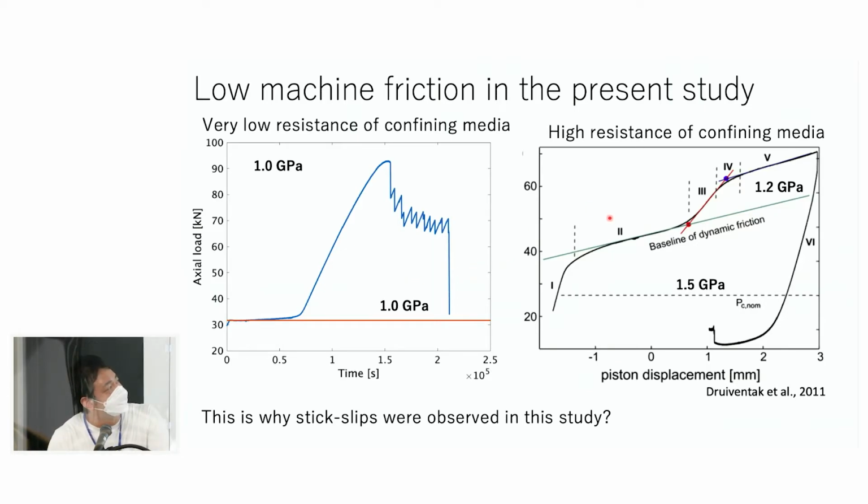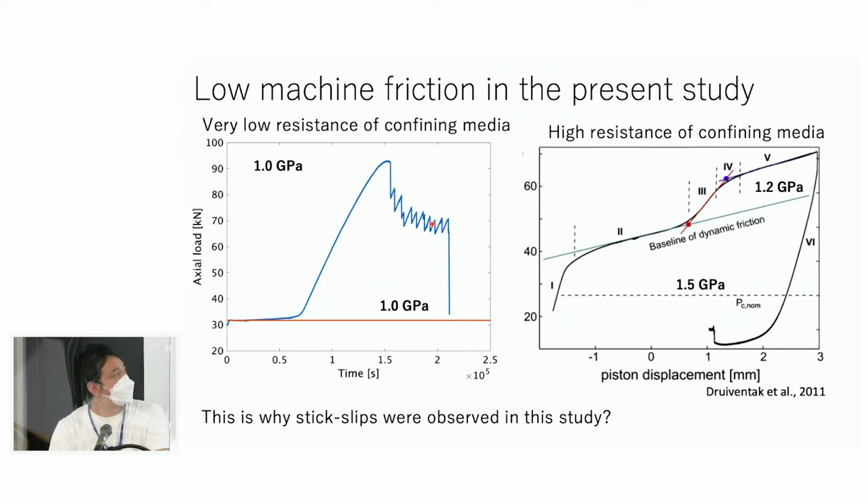These are typical results of similar experiments using similar apparatus, where there's huge friction or huge error during the experiment. But since we modified the sample assembly, we reduced the error or internal friction. I wouldn't say to zero, but very much. That's why we observe very good stick-slip behavior.